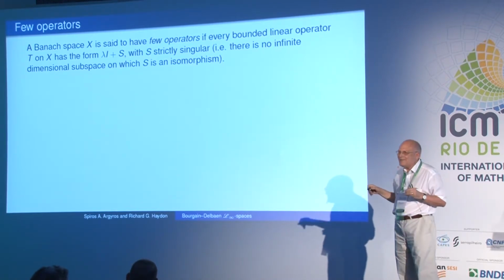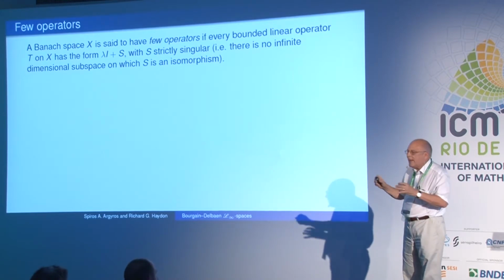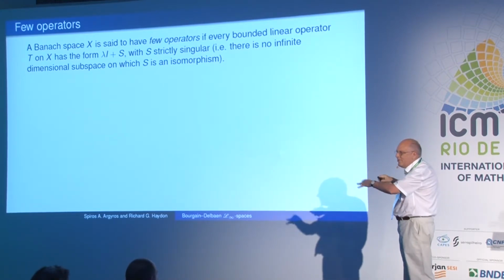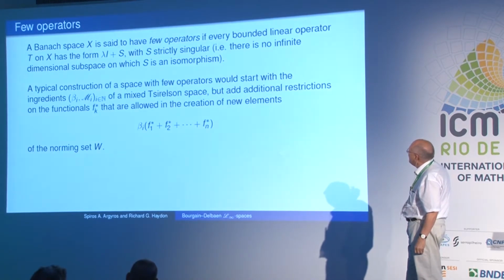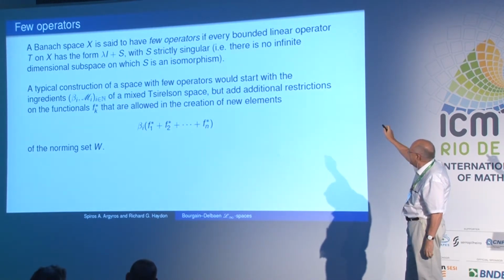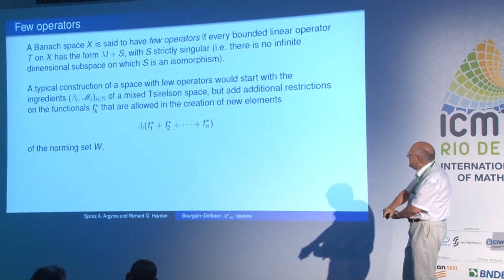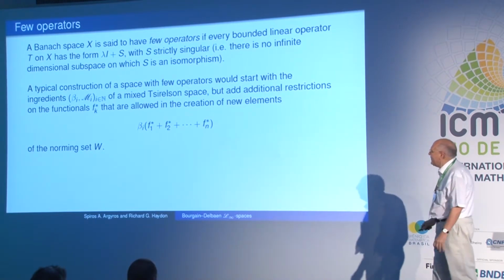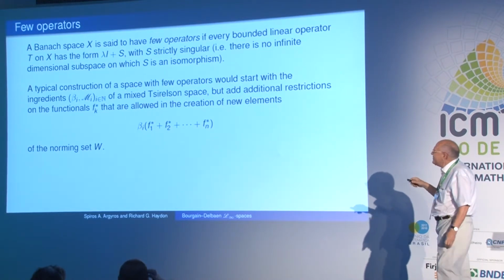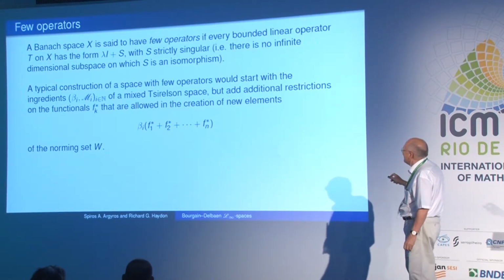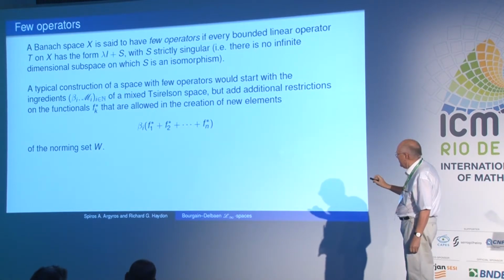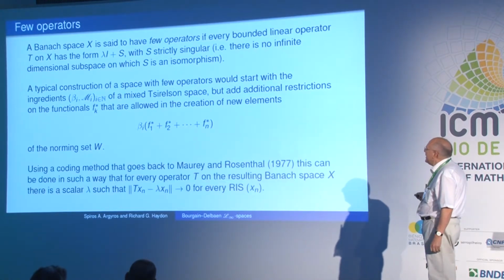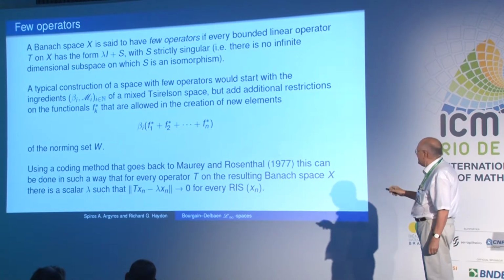People may know that these are the operators which preserve Fredholm index. In a typical construction of this kind, you proceed as if you're going to make a mixed Tsirelson space, but you add some extra restrictions on quite what the functionals you admit are.